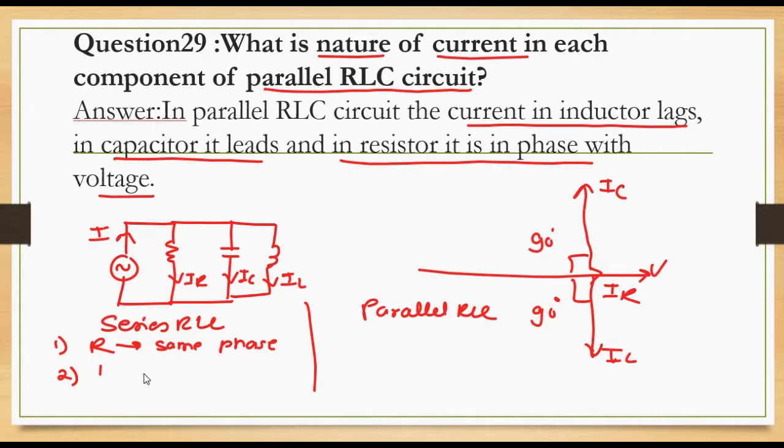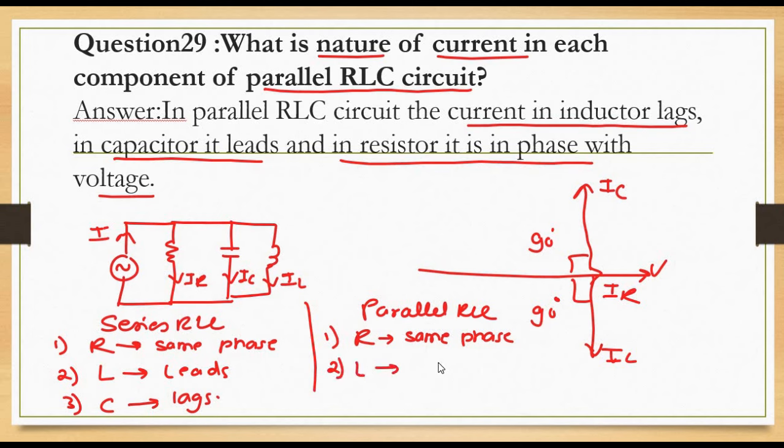Then voltage across inductor leads and voltage across capacitor lags. Now in case of parallel RLC circuit, the current in resistor remains in phase with voltage source. The current in inductor lags and current in capacitor leads.